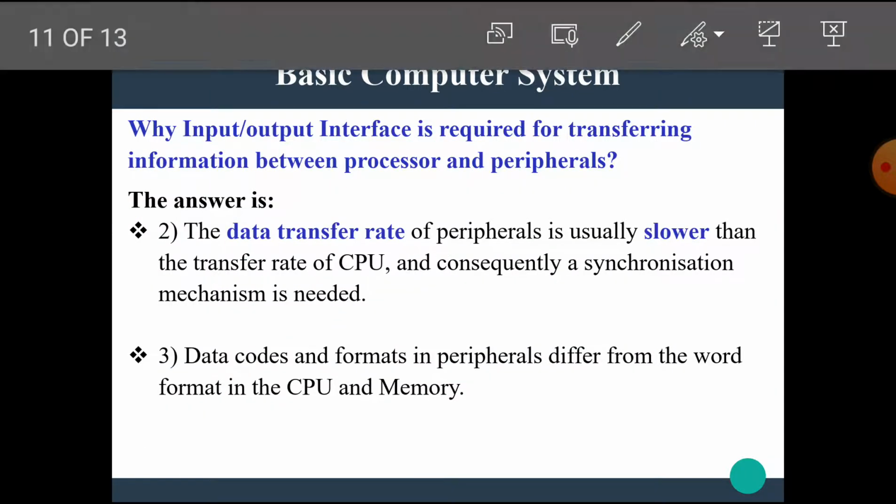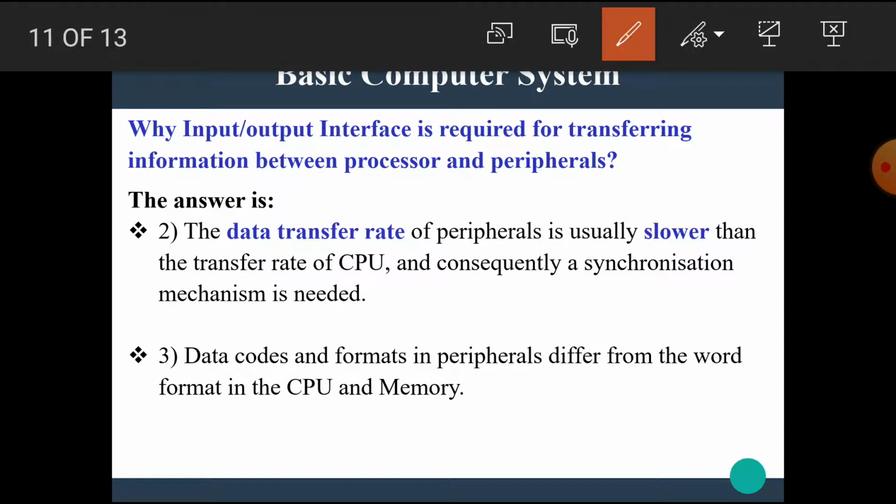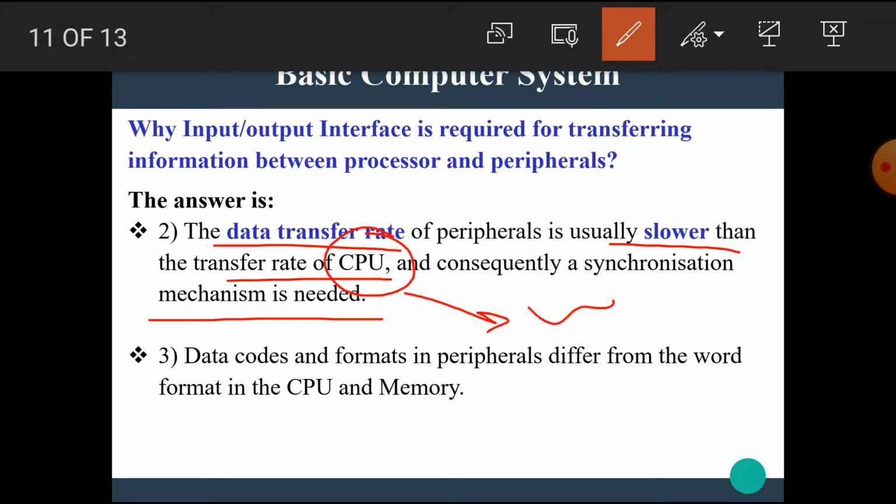Now, the second difference is that the data transfer rate of peripherals is usually slower than the transfer rate of the CPU, and consequently, a synchronization mechanism is needed. We know that the operating speed of the CPU is very high, but it is not necessary that the peripherals' data transfer rate should be equal to the CPU rate.